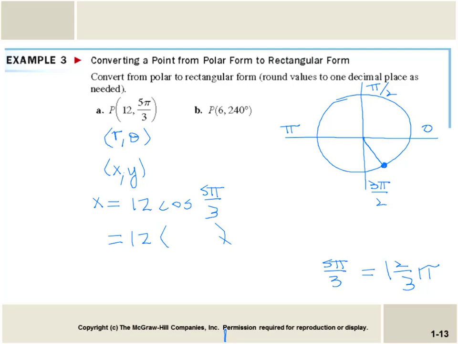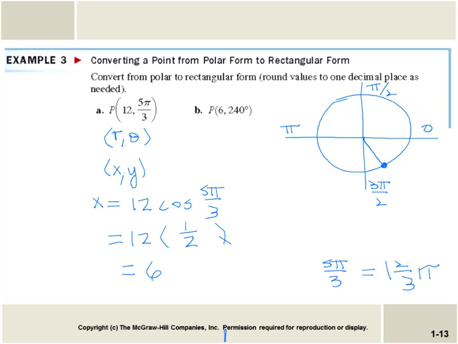What's the cosine of pi over 3? Is it positive or negative in quadrant 4? It's positive. Good. So my x value is 6.